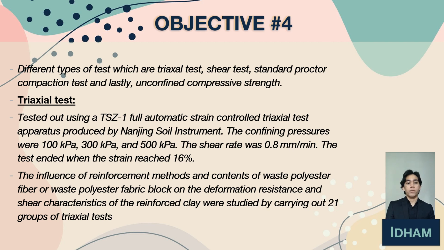The influence of reinforcement methods and contents of waste polyester fiber or waste polyester fabric block on the deformation resistance and shear characteristics of the reinforced clay was studied by carrying out 21 different groups of triaxial tests.